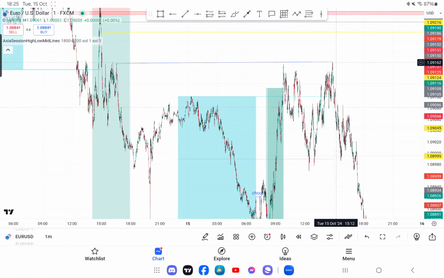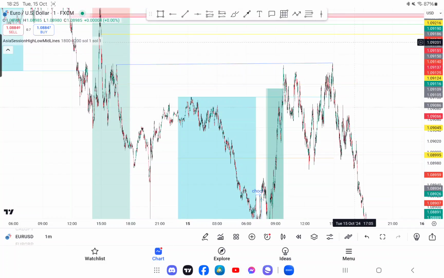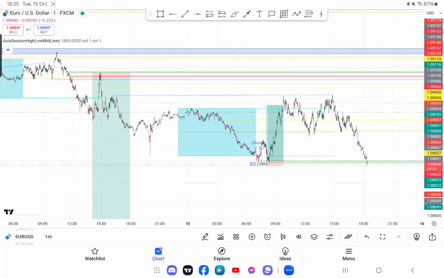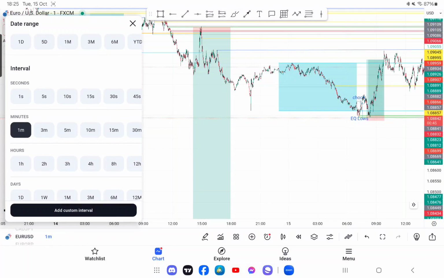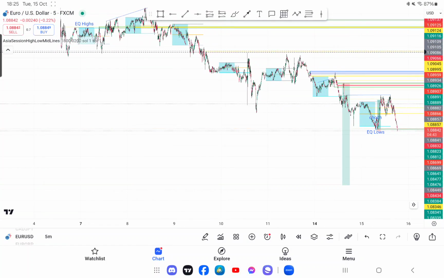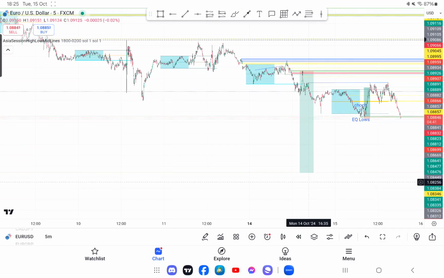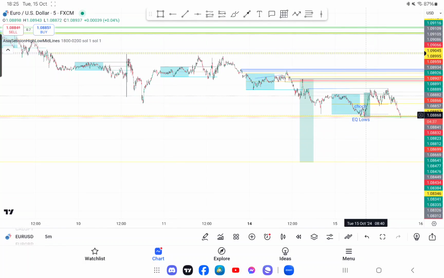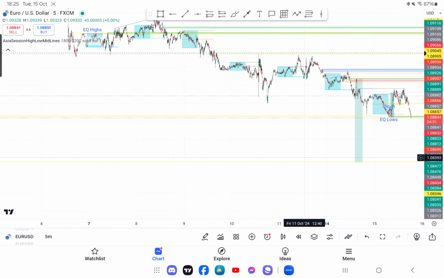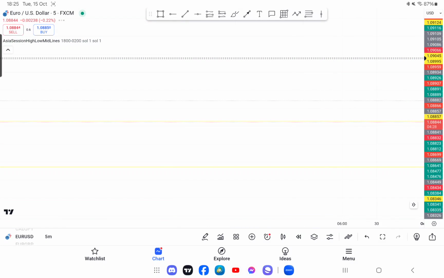Maybe in the next couple of days, price will come and sweep this into this imbalance and then continue lower, because my trade that I was looking for yesterday, my target was actually this imbalance even lower here. So this was only ever going to be a short-term buy because we are bearish, and I was looking to target this imbalance down here even lower, which I'll show you now.